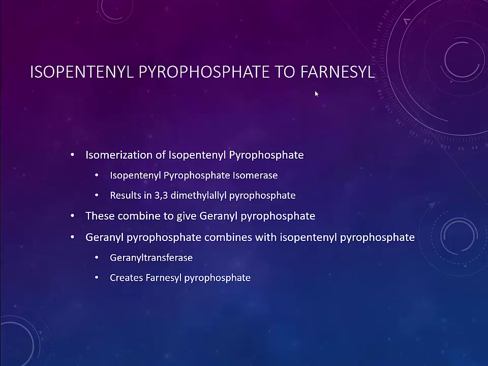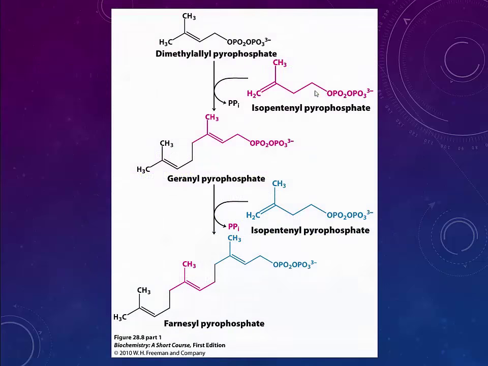The enzyme is isopentenyl pyrophosphate isomerase. So 3,3-dimethylallyl pyrophosphate is an isomer of isopentenyl pyrophosphate. So there's one isopentenyl. We then take a second isopentenyl and combine it with dimethylallyl.